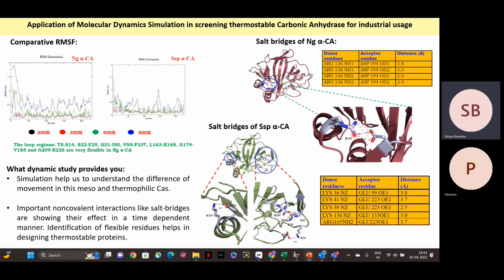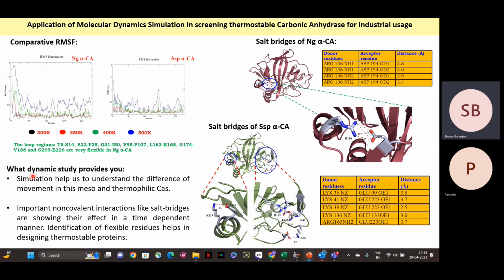You know arginine is a basic residue and aspartic acid is an acidic residue. Four salt bridges were observed with different distances. And for the SSP species, five salt bridges were observed between different acidic and basic residues, like lysine with glutamic acid or arginine with glutamic acid, of different distances.